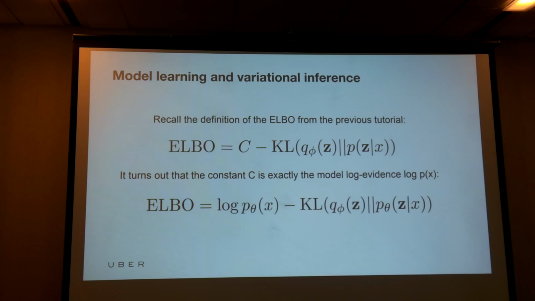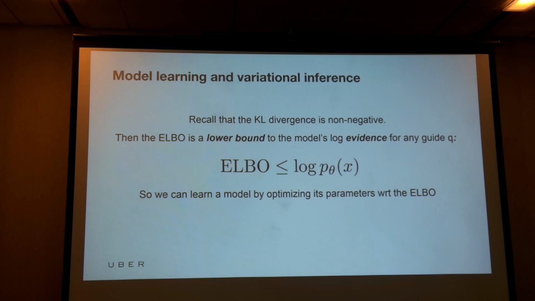Which means that here the ELBO is equal to this thing that we're actually interested in minus a term that's always greater than or equal to 0, which means that this trusty old ELBO that we've been working with in the past two tutorials is actually a lower bound to the model's log evidence for any guide Q, and the tightness of the bound depends on the goodness of the guide.